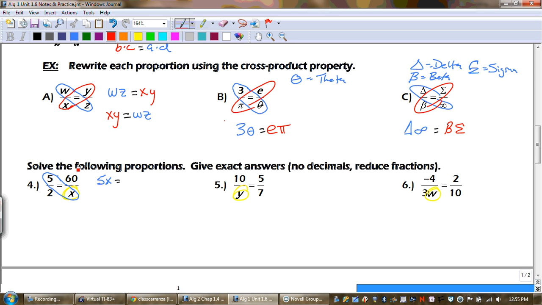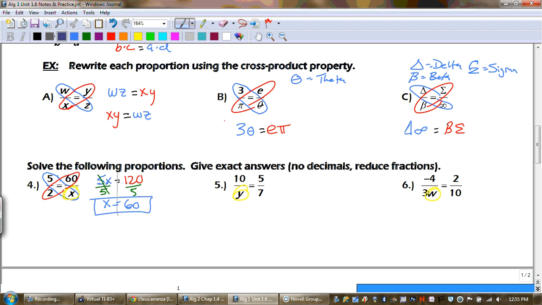And we're going to see if that equals 60 times 2, multiply that out, and you get 120. And from here, we have to solve this, okay? So to get the x by itself, we have to divide by 5, and we get that x equals 60.